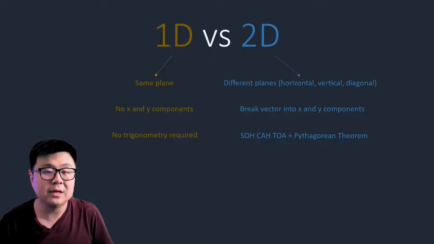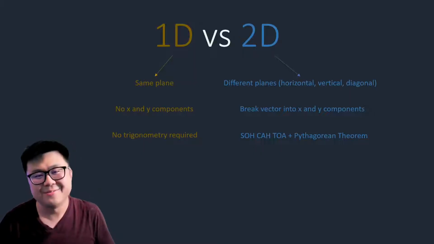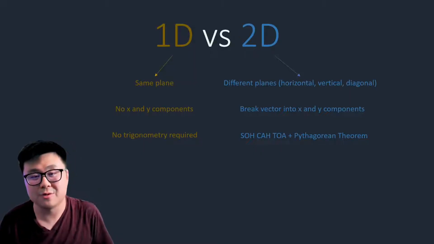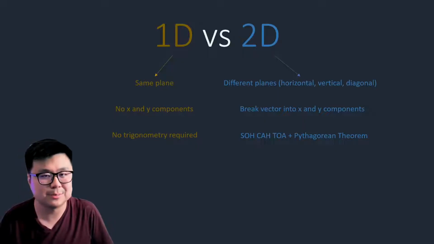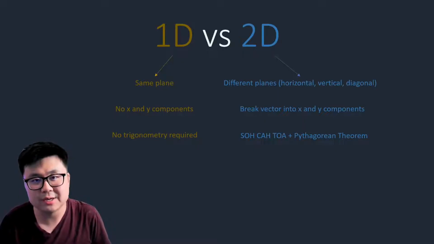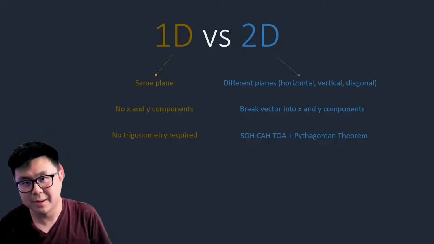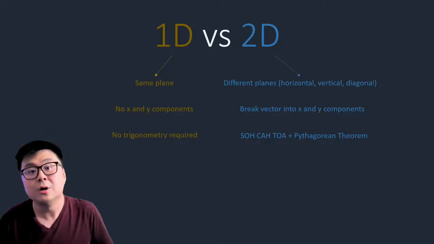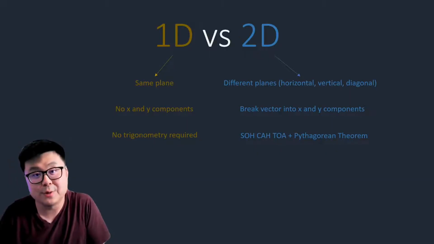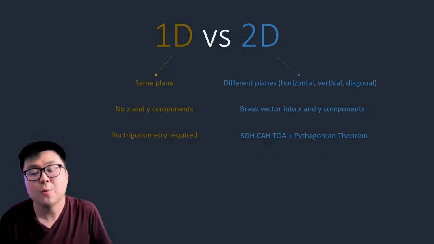Scalars are only going to be in one dimension. Unfortunately, you'll be doing the majority of your work as vectors such as displacement or velocity or acceleration, and vectors can be either in one dimension or two dimensions, meaning there are going to be two different planes, which means you'll have x and y components, which means you will need some basic trigonometry to solve these questions.